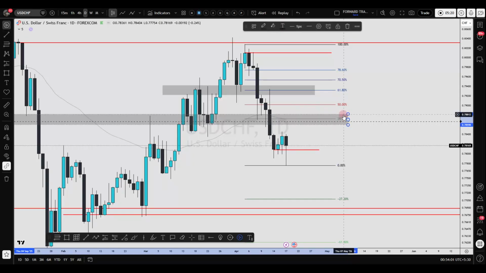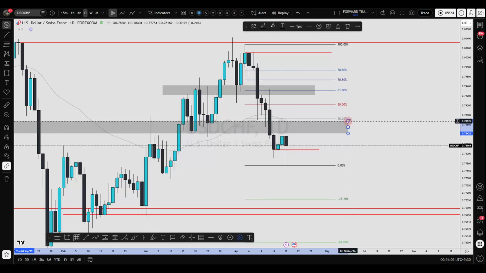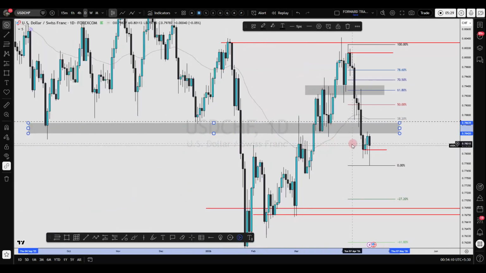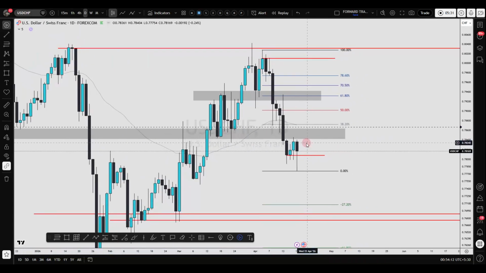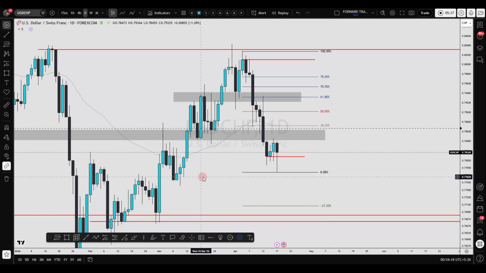So I'm not going to consider this level honestly, even though this looks like a really valid zone to me, because this zone is below 38.2. I'm going to look for the zones which are above 38.2.